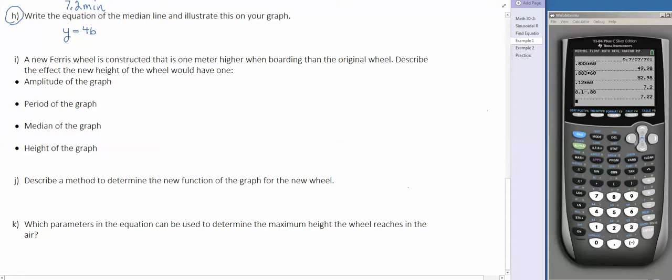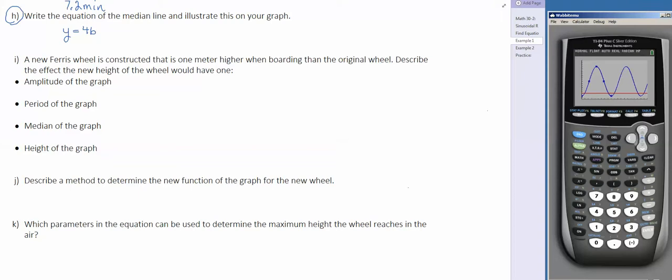A new Ferris wheel is constructed that is 1 meter higher when boarding than the original wheel. Describe the effect the new height would have on the amplitude and the other features. If I look at my graph, if it's a meter higher, all I have is shifting the whole thing up by 1 meter.